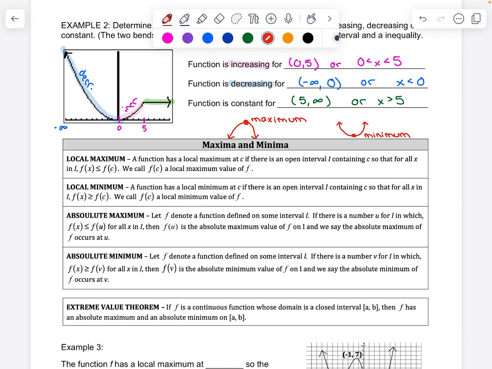So if we have a local, key word here being local, if you're going to see that word local in here, then that means that it could have more than one maximum or minimum.